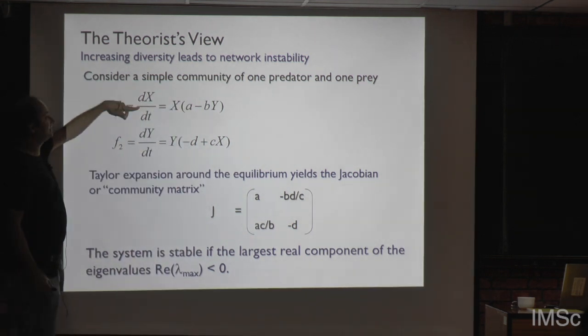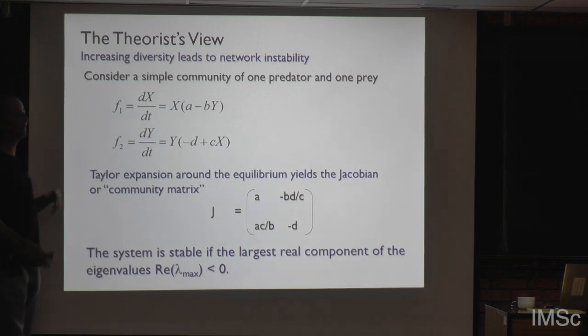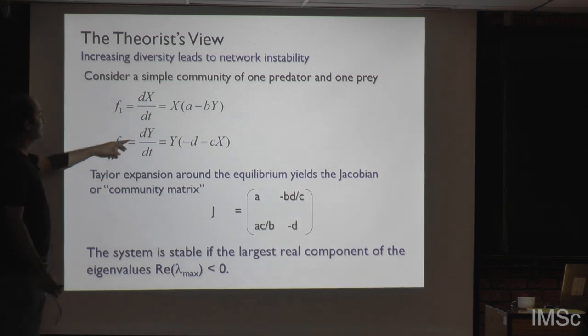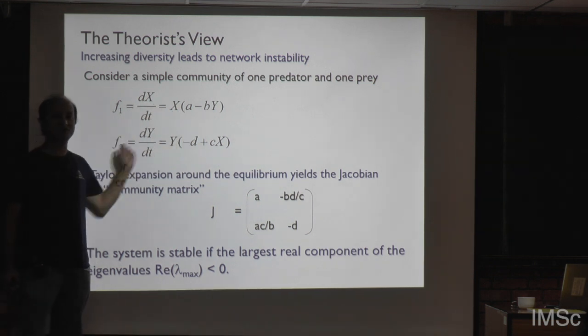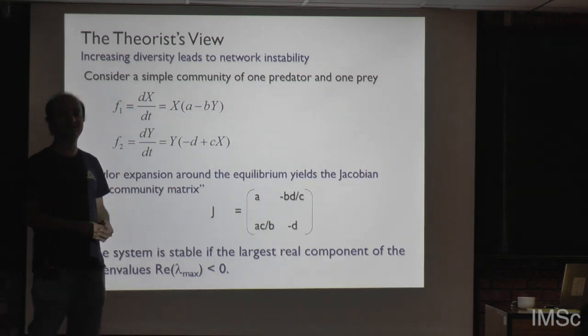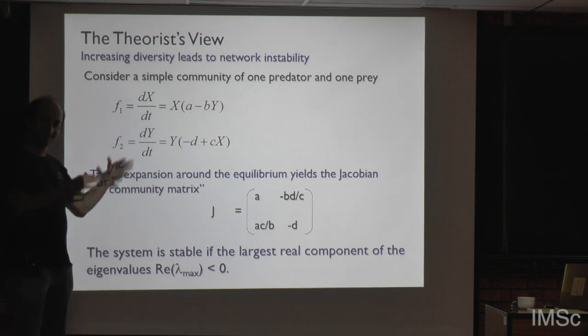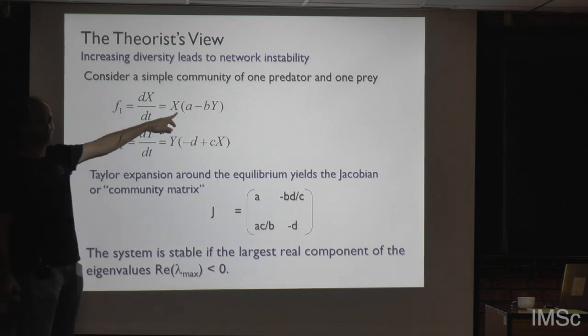So if X is the population density of a prey species, let's say grass, and Y is the population density of a predator species, let's say sheep, you're asking how does the population of prey and how does the population of predator change over time. Now of course, as the sheep start grazing and eating the grass, the population would come down, but of course grass grows over time.